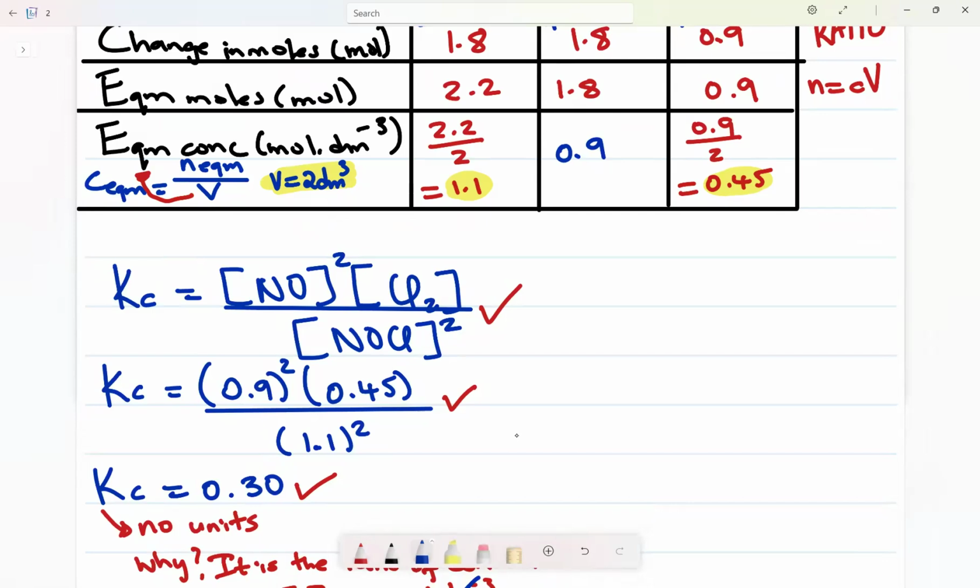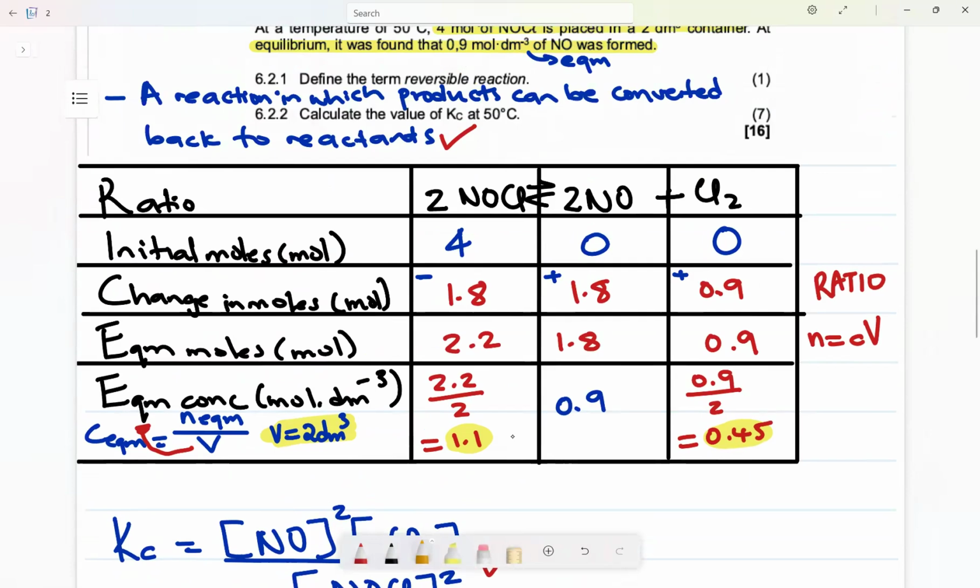How do we mark this? You already have 3 marks, right? Now you finding all of these here, another mark, all of these 3, a mark. Then using the ratio here, it is a mark. You have 5 marks already.